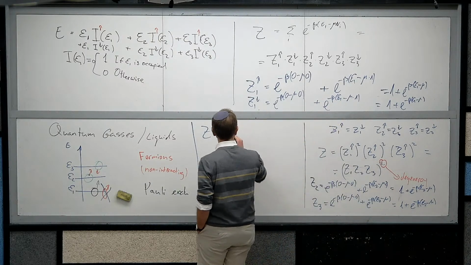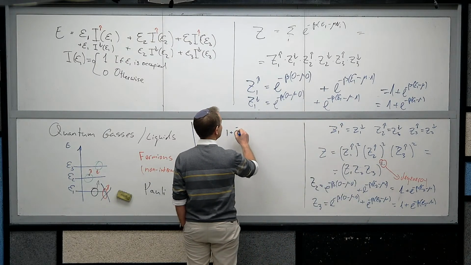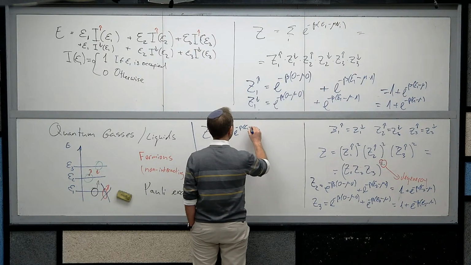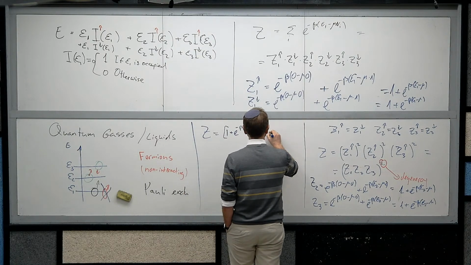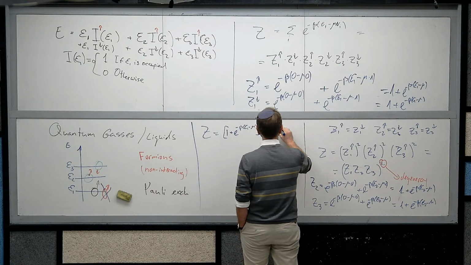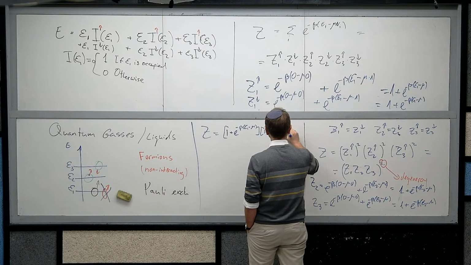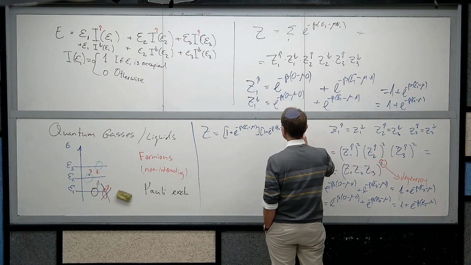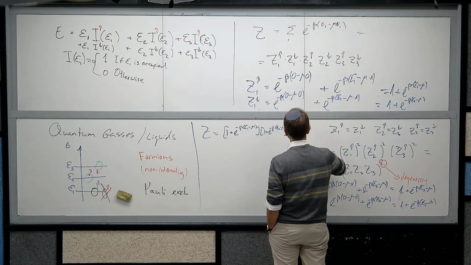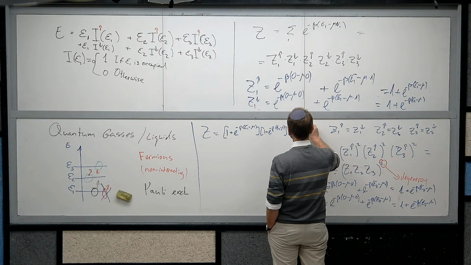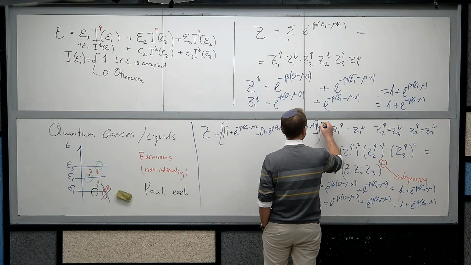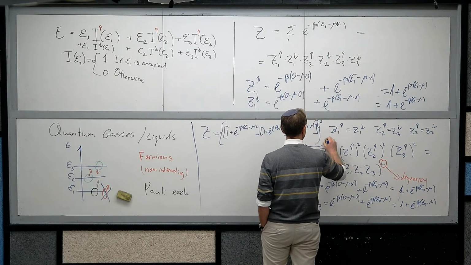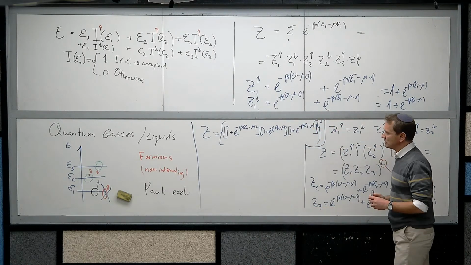And this gives us (1 plus e to the power minus beta (epsilon 1 minus mu)), multiplied by (1 plus e to the power minus beta (epsilon 2 minus mu)), and (1 plus e to the power minus beta (epsilon 3 minus mu)), all of this to the power 2. This is our partition function.